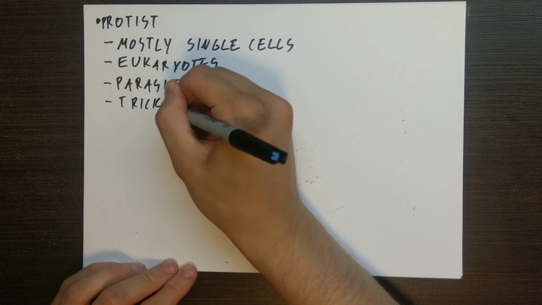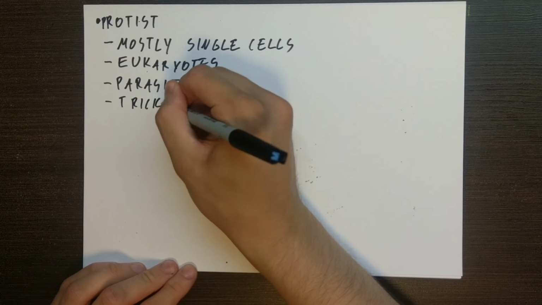So that covers the protists, and now we can move on to the final pathogen that we're going to cover today, which is fungi. You probably have heard of fungi before.